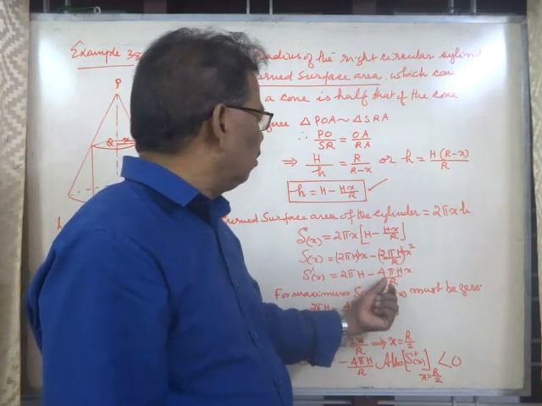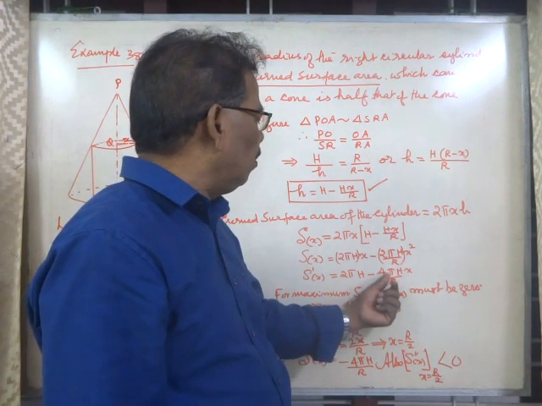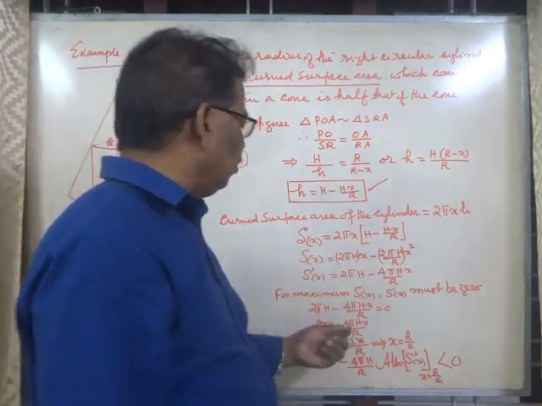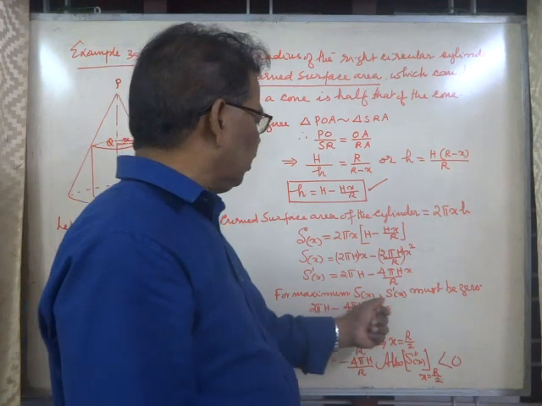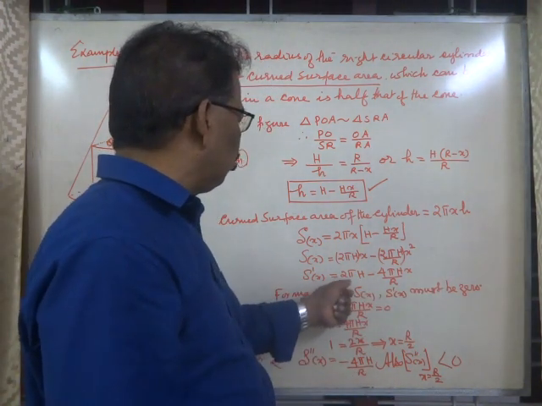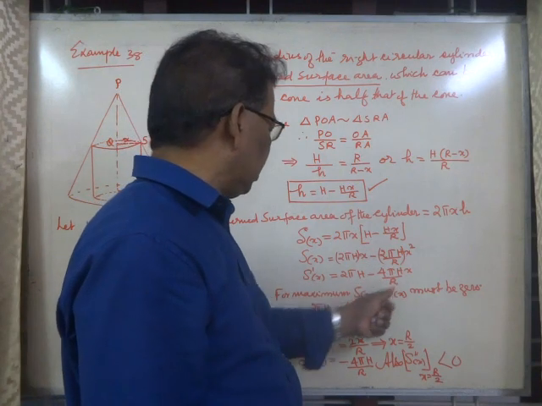Then it becomes negative 4 pi H by R into x. For maximum, S dash x must be 0. That is 2 pi H minus 4 pi Hx by R equals 0.